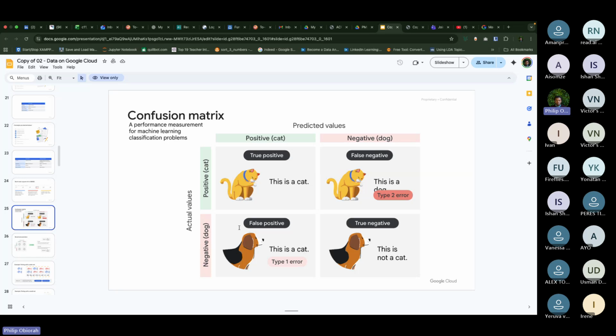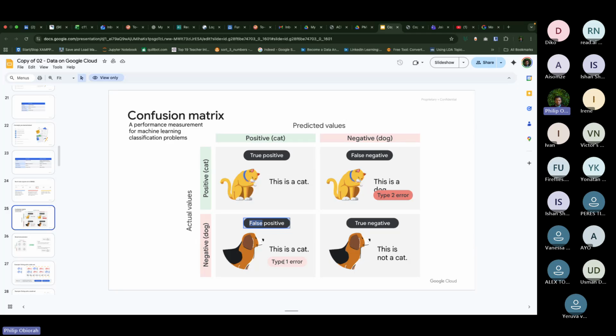False positive: the model predicted that it's positive, that this is a cat, but it's actually a dog. It's false. Type 1 error. This is not a dog, and the model says it's a cat.